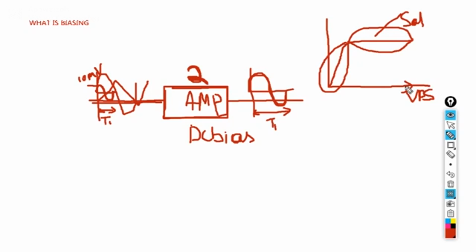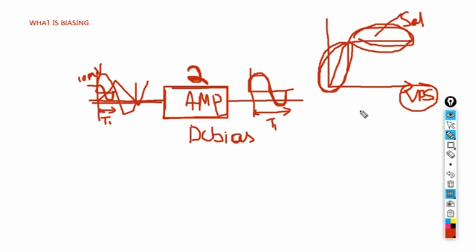That value is called biasing, and that process is called biasing. The minimum amount of voltage that will take your JFET or MOSFET either into the linear ohmic region or into the saturation region is called biasing.